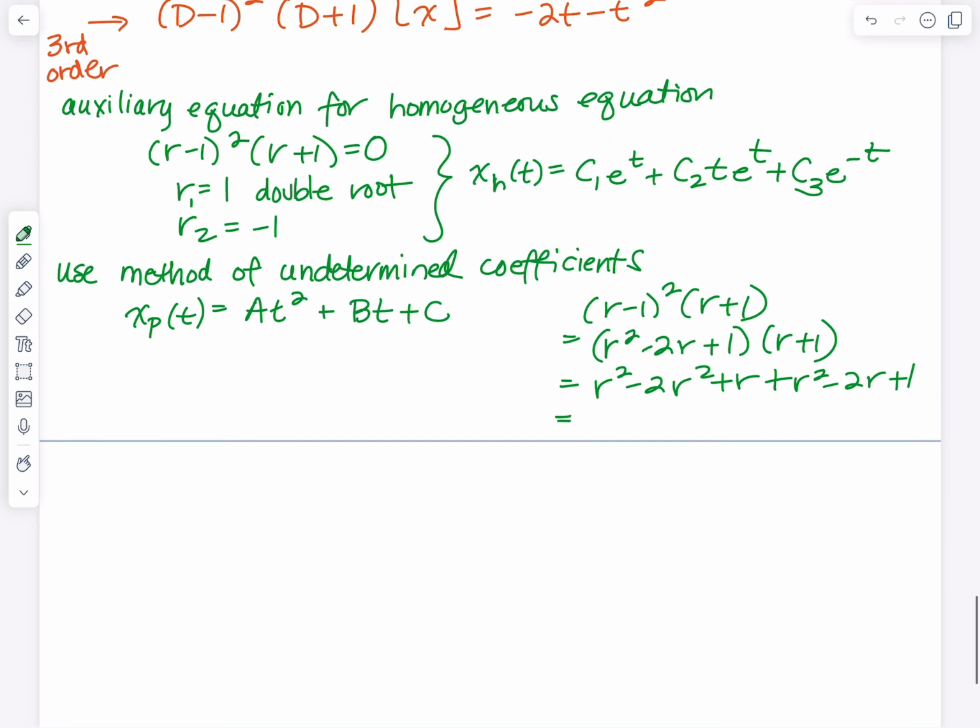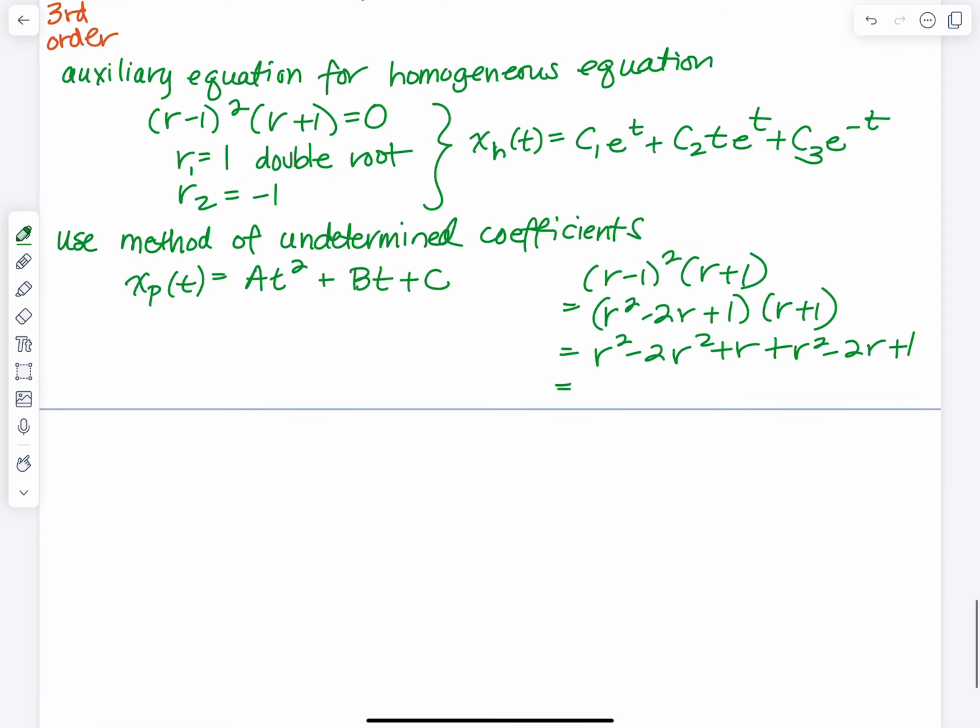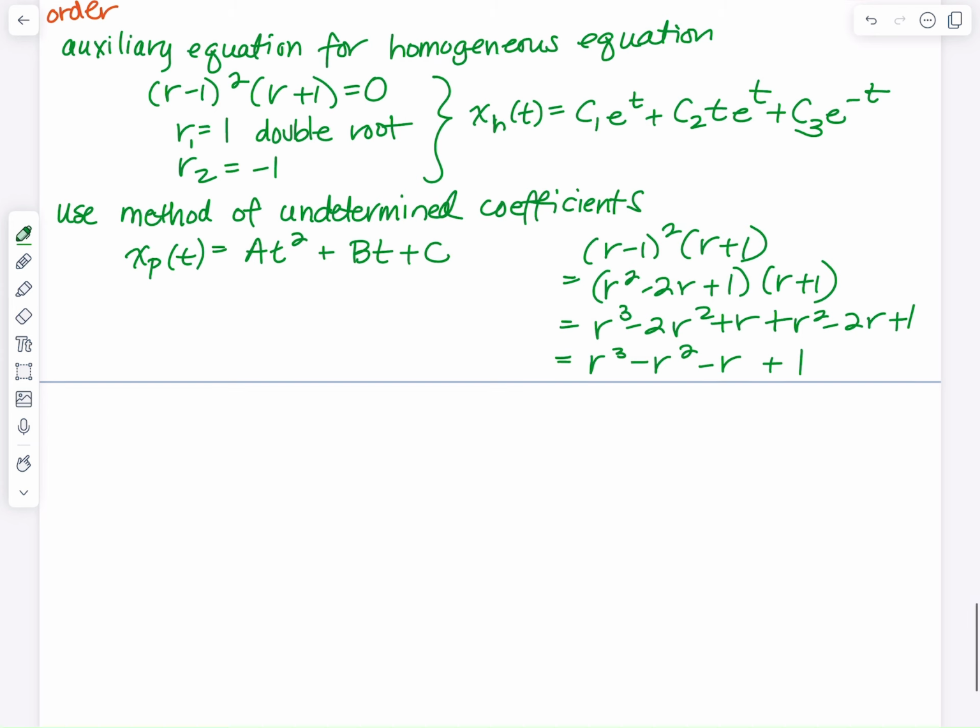And we come up with, this should be an r cubed. We come up with r cubed minus r squared minus r plus 1.